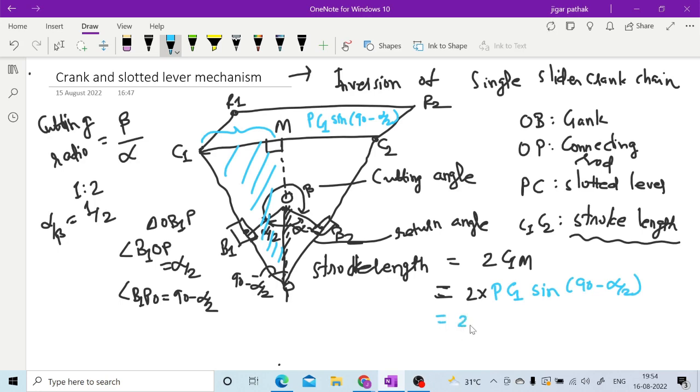Now it is 2 into PC1 into sine 90 minus alpha by 2, which is nothing but cos alpha by 2. And cos alpha by 2 is what?